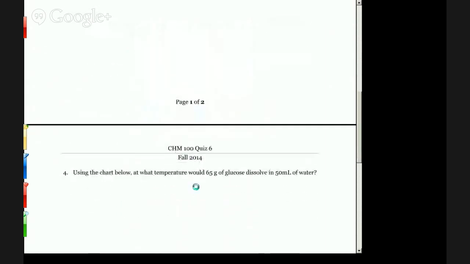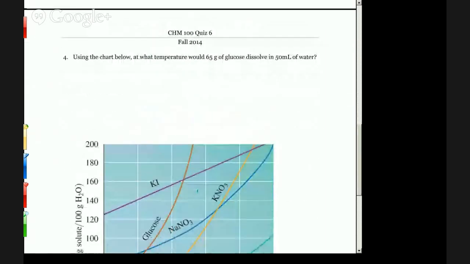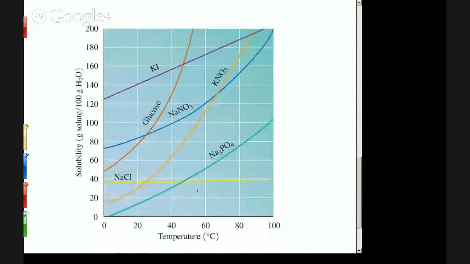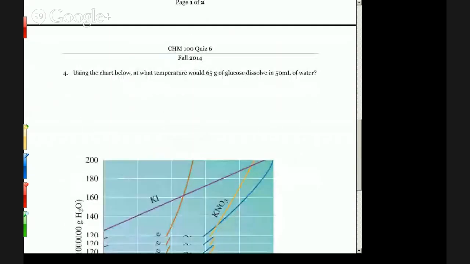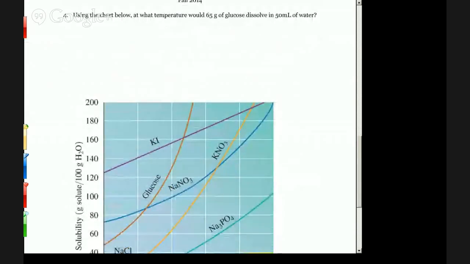All right, and then the last question. We have a solubility chart, just like in the last lab. And we're going to look at glucose right here, which is this reddish, orangish line. So we want to look at what temperature 65 grams of glucose would dissolve in 50 milliliters of water.